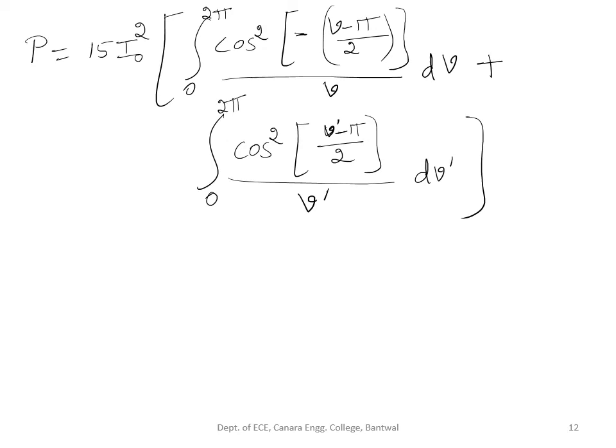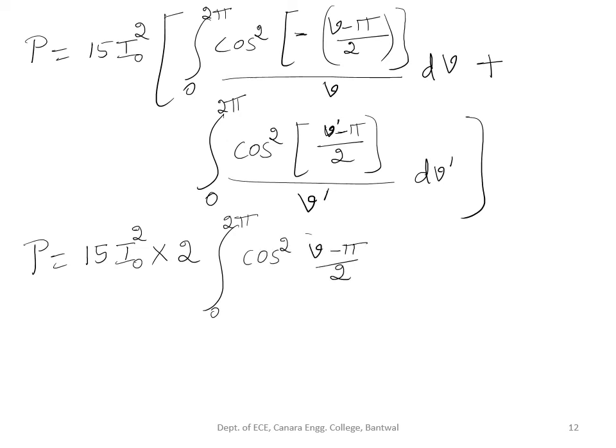The same equation I can write as 30 I naught square times integration of 0 to 2 pi cos square of (v minus pi) by 2 divided by v dv.